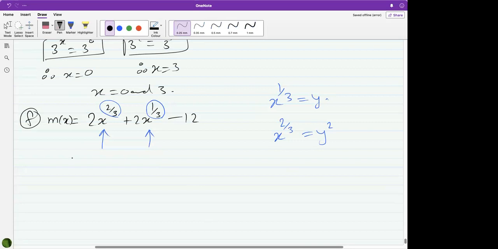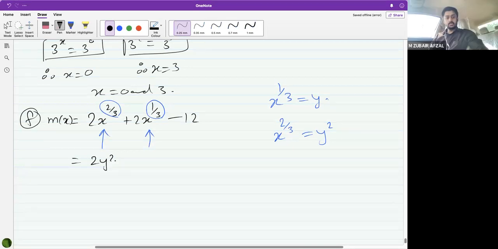So I can rightly say this is 2y square plus 2y minus 12. This is now easy to look at and easy to write. So 2 into 12 is actually 24, negative 24 y square. So factors are 1 into 24 or 2 into 12. Why am I still writing it?